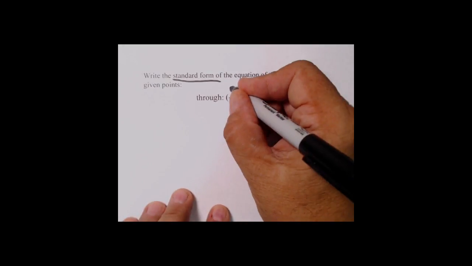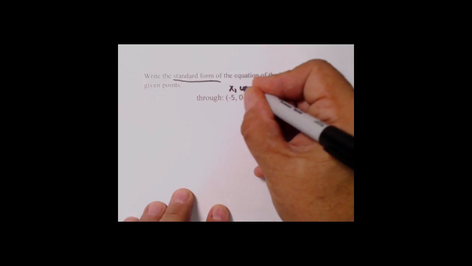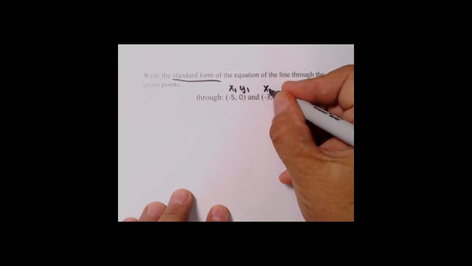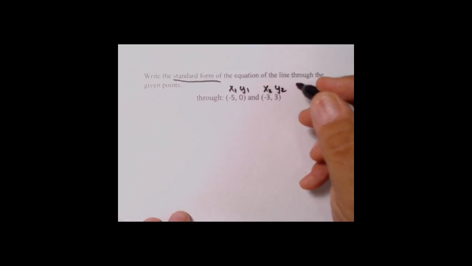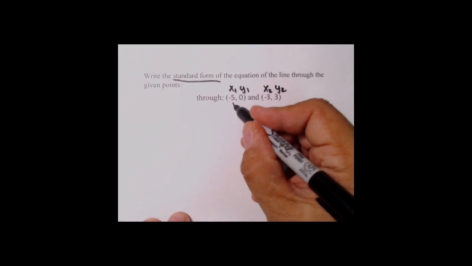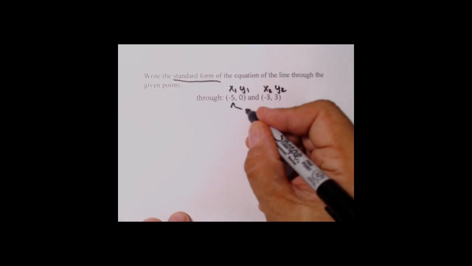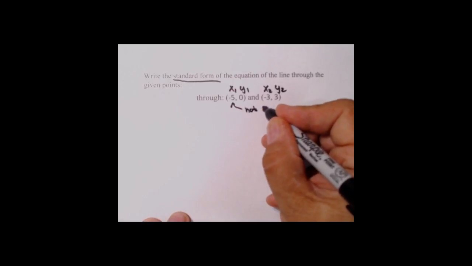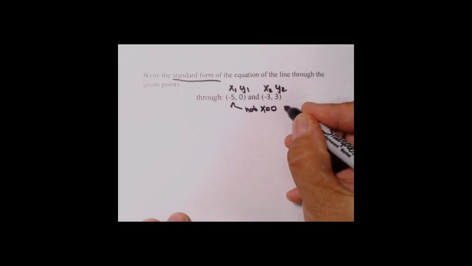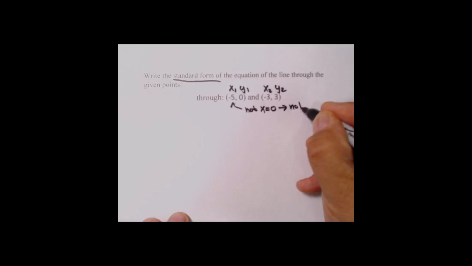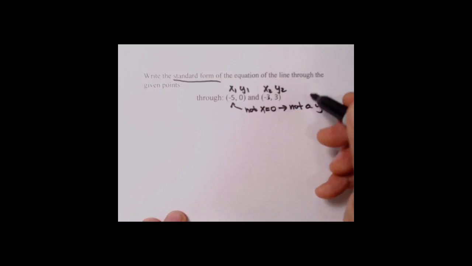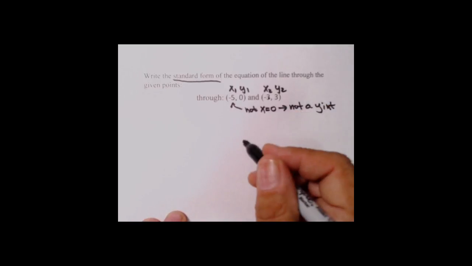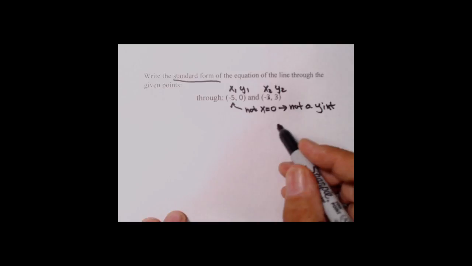So here we go. x1, y1, x2, y2. Okay, well, since we do not have, once again, remember, we'll point this out, this is not x equals 0, so that means it's not a y-intercept. So anytime we don't have a y-intercept, and the same is true for our second point here, then what we've got to do is use our point-slope form.